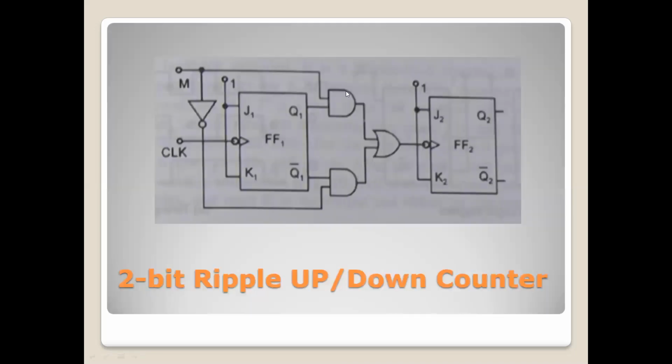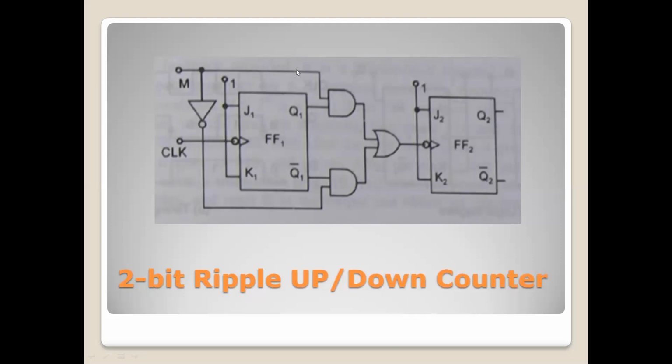We can see, suppose M equal to 1, M is given here, that 1 is coming here and Q1 is coming here. This output of the AND gate will depend on Q1, because the output of an AND gate is 1 only when both the inputs are 1.